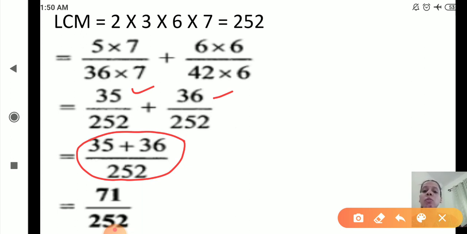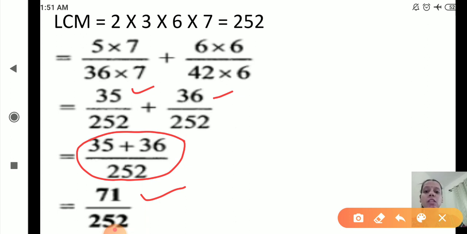Now do the addition. 35 plus 36 is 71, right? So 71 upon 252, with the denominator as it is. So what is the answer now? 71 upon 252. I hope you are clear with the first sum.